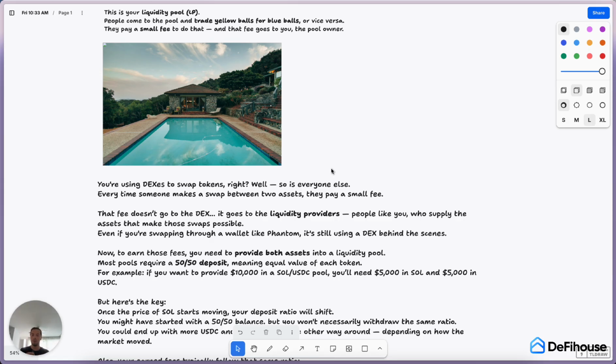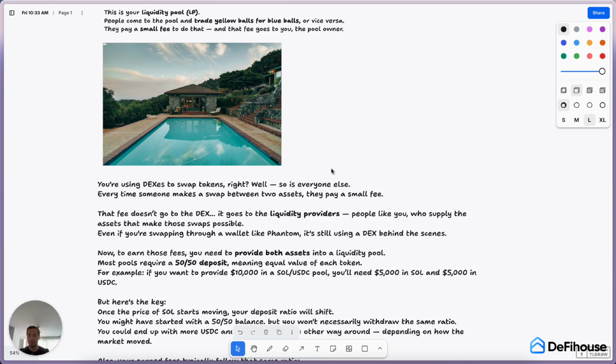So even if you are swapping through a wallet like Phantom, for example, you open up your Phantom and swap some USDC to Solana, or Solana to USDC, or Solana to any meme coin, doesn't matter. You are actually using decentralized exchanges behind the scenes. The wallet acts as the aggregator. The wallet finds the best decentralized exchange with the best price and the lowest possible price impact, slippage, right?